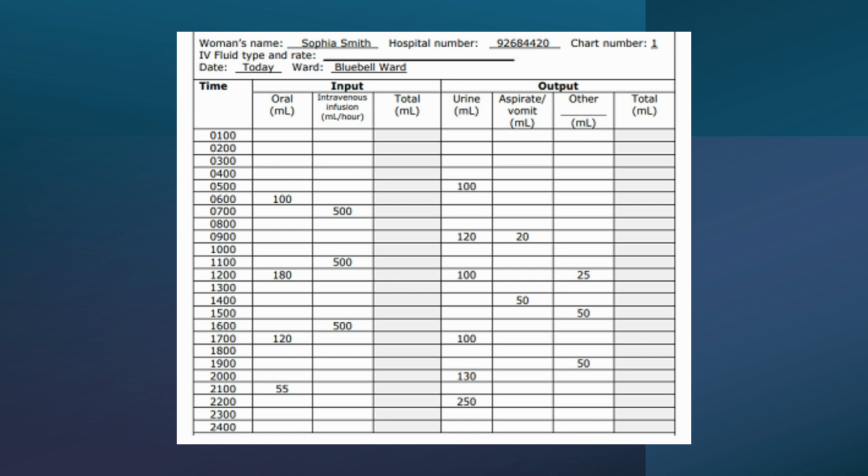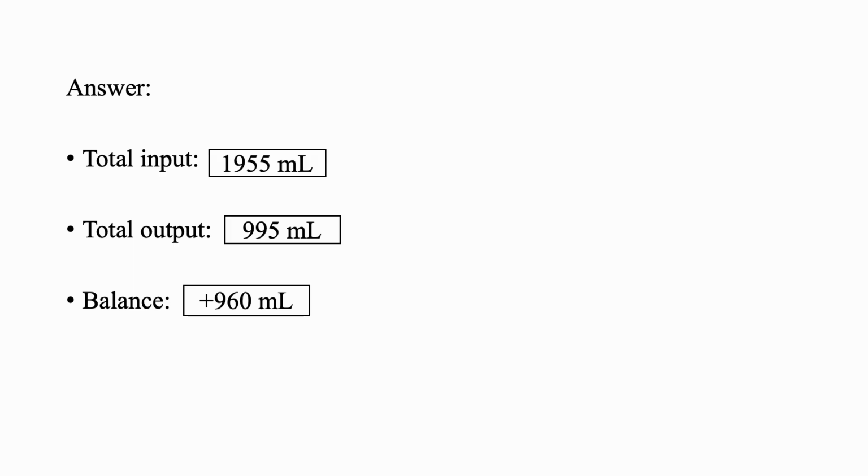So in the exam, you'll get this kind of chart where you'll have input and output. So add all the input numbers, and add again all the output numbers. Add all the numbers of input from the patient chart, and then your answer will be 1955 ml.